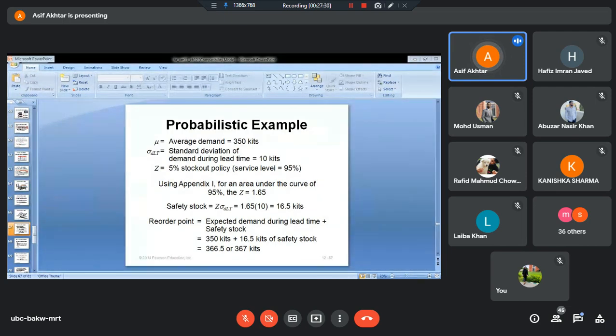And since it is due to uncertainty, we include the concept of probability distribution, and that too normal probability distribution. From there, we get safety stock equal to Z into standard deviation. That is the whole basis of the calculation of safety stock under probabilistic conditions. And the reorder point will become D into L plus safety stock, that is D into L plus Z into standard deviation.